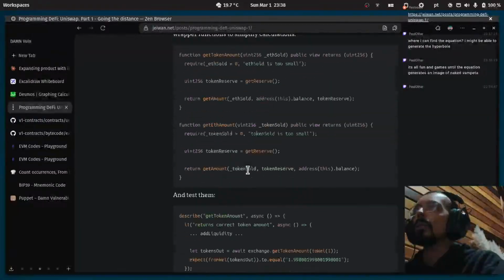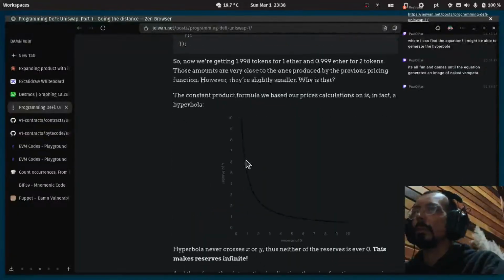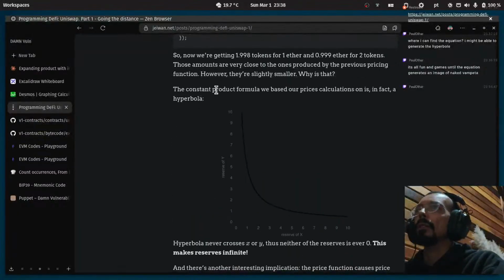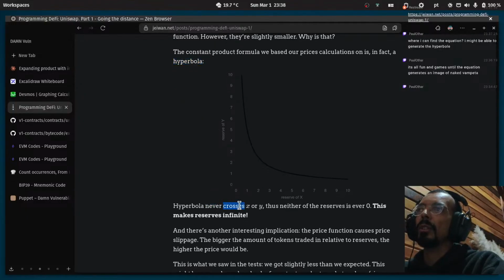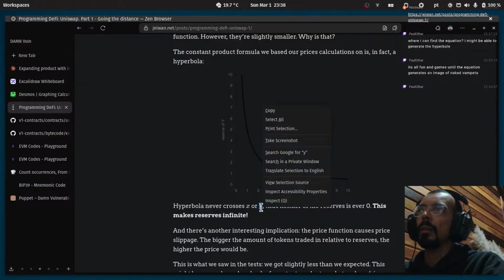So let me continue here the investigation. The constant product formula we base our price on is in fact a hyperbola. A hyperbola never crosses x or y. I think it's y, right? Epsilon in English.